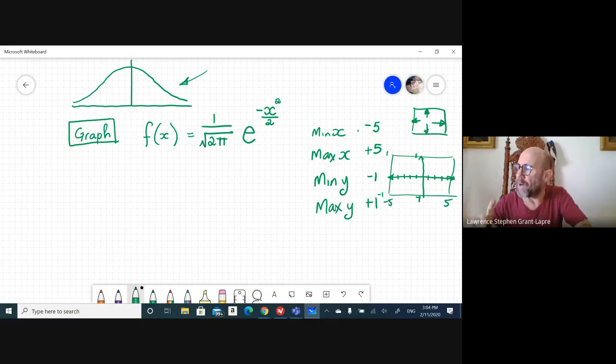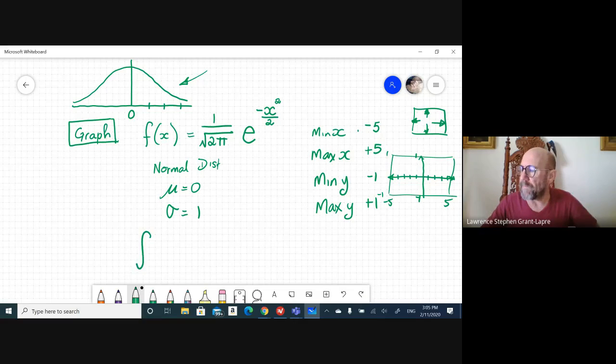Yep. Okay, you see, this is the actual function of the normal distribution. This is the actual function where this is 0, your mean is 0, and each unit is your standard deviation.